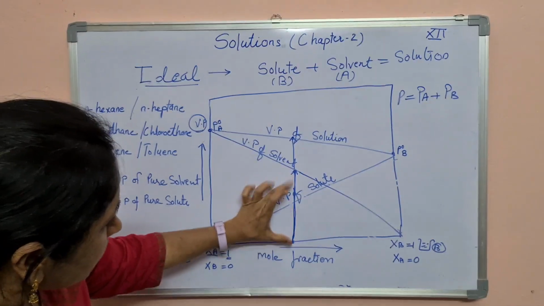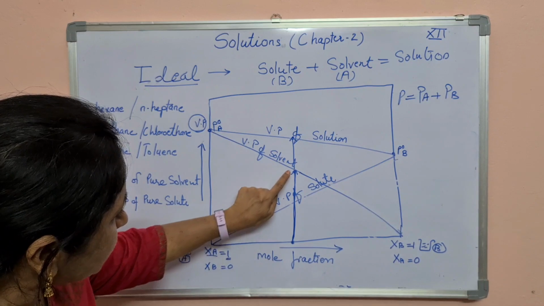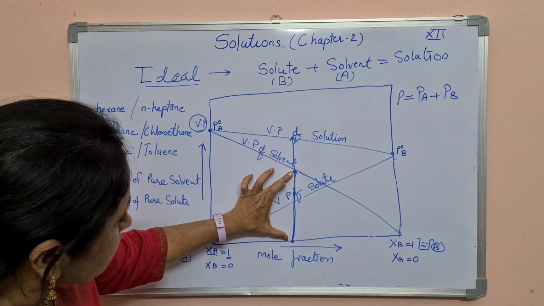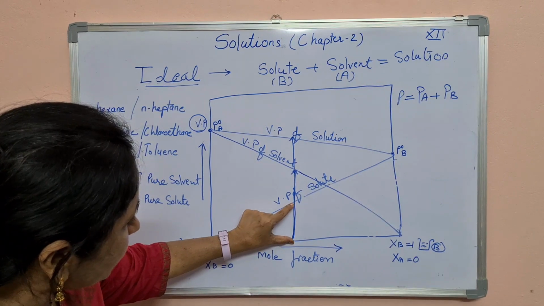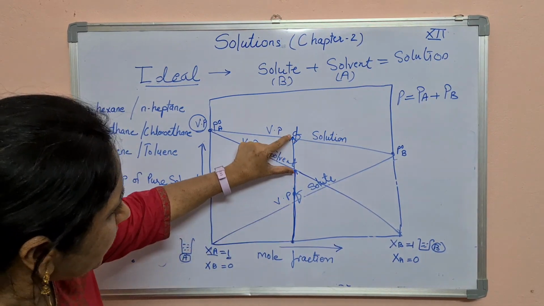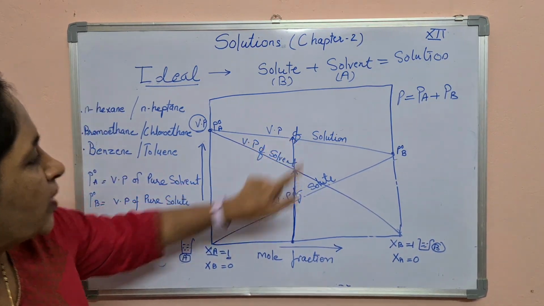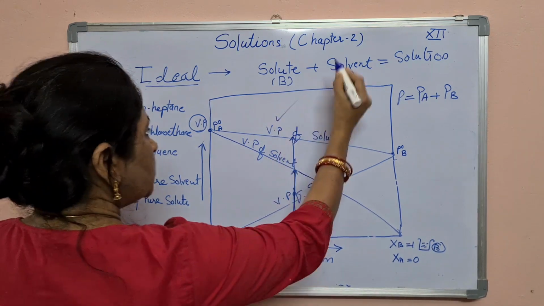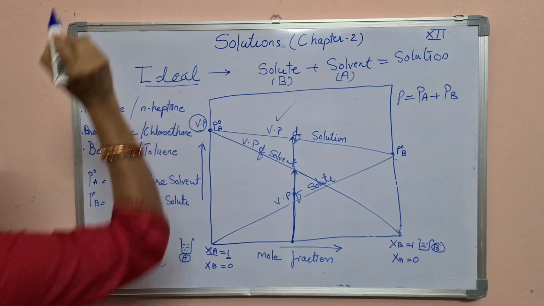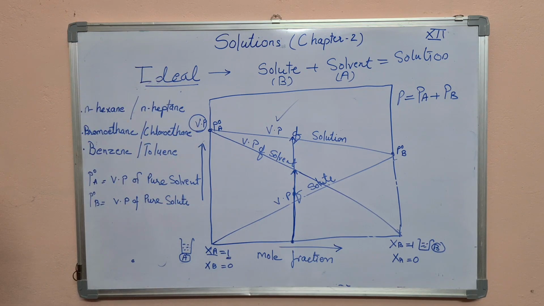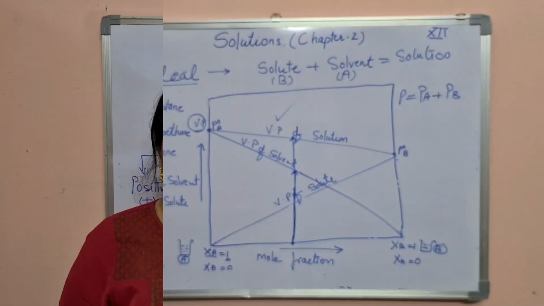From the baseline to this vapor pressure of the solvent, to this I have to add the vapor pressure of the solute. So I will take this much. If it is added above this, exactly you get this point, the vapor pressure of the solution. So this is the graph for the ideal solution which obeys Raoult's law.